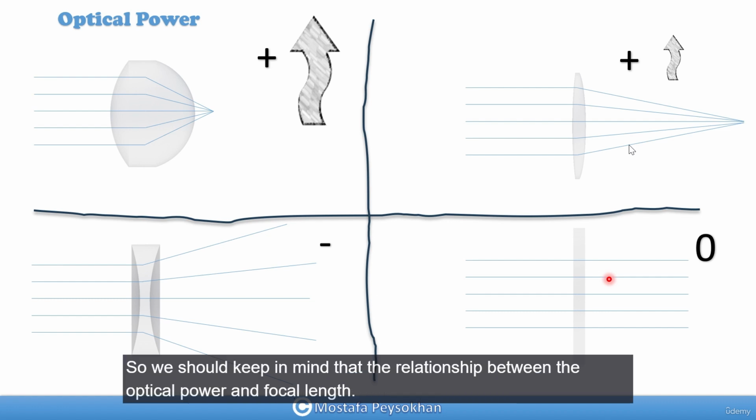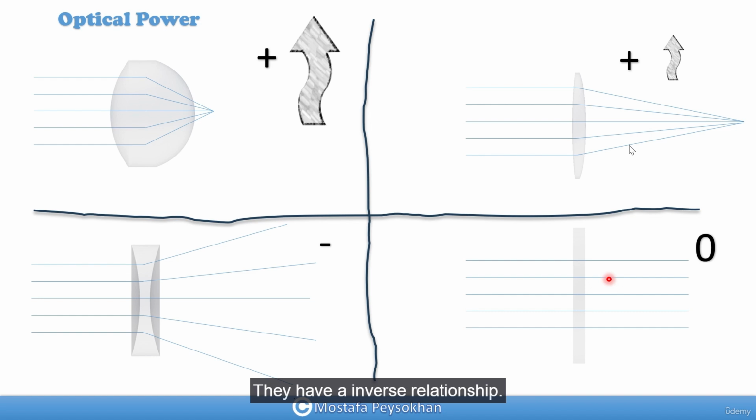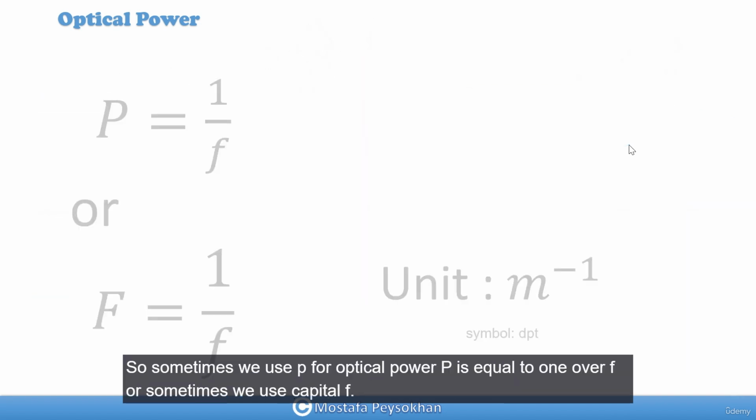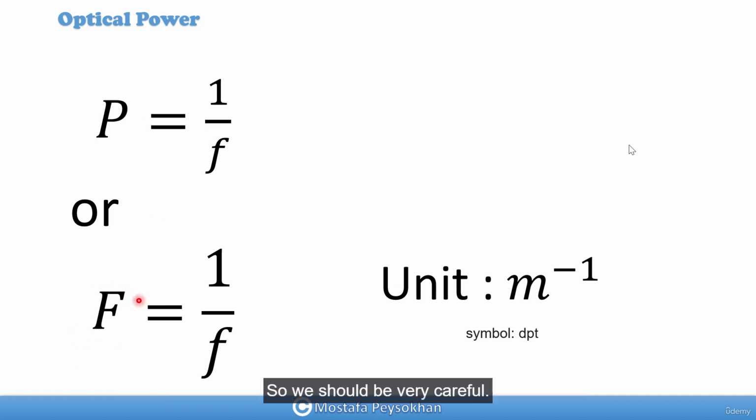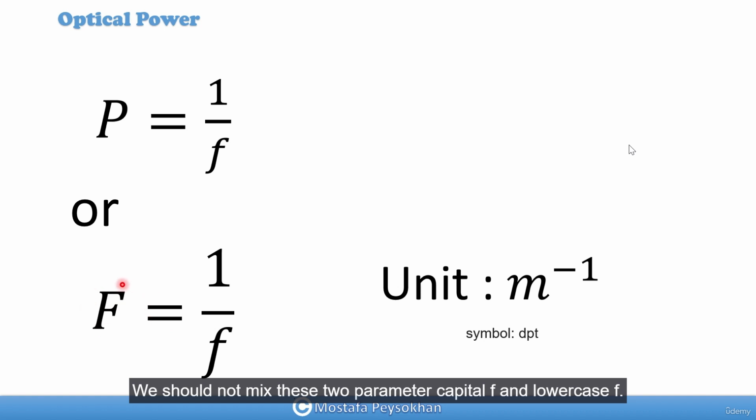We should keep in mind the relationship between the optical power and focal length. They have an inverse relationship. Sometimes we use P for optical power. P is equal to 1 over f, or sometimes we use capital F. We should be very careful not to mix these two parameters, capital F and lowercase f.